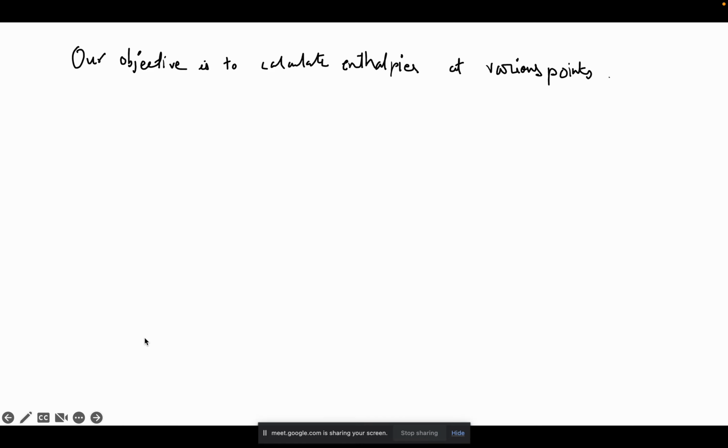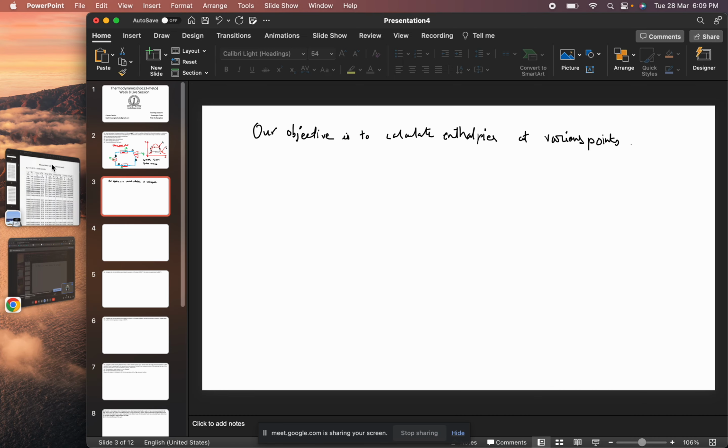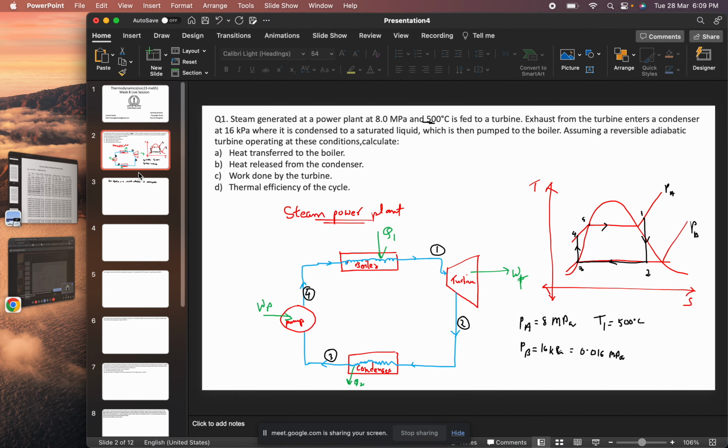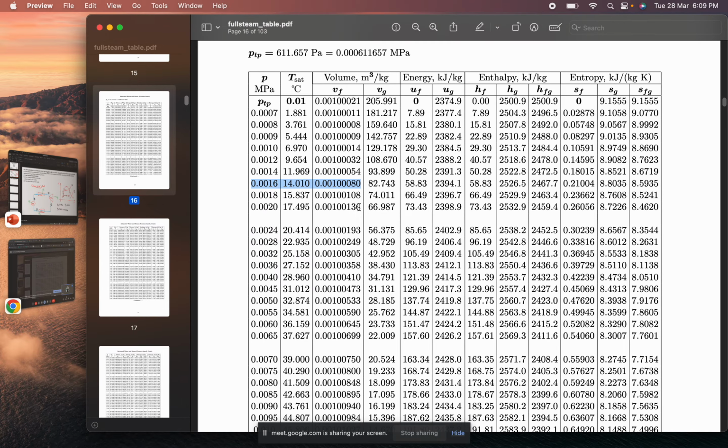Our pressure level is 8 megapascal and 500 degrees Celsius, in the superheated state.